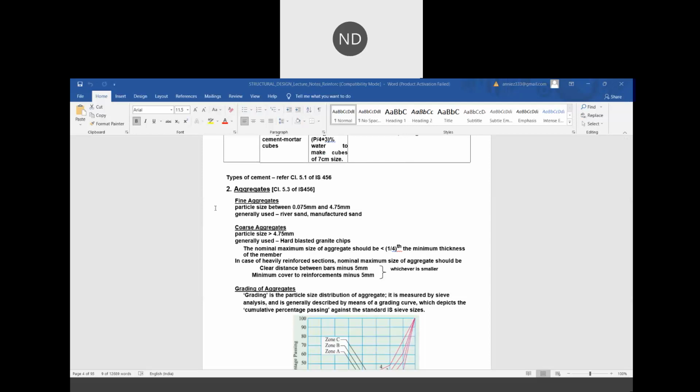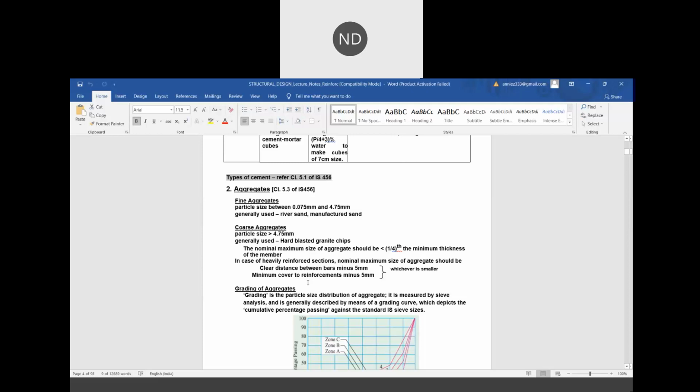Some points are given, like low heat Portland cement conforming to IS, which shall be used with adequate precautions. You can go through these in detail, but for our theory class, only whatever is important we are looking at.